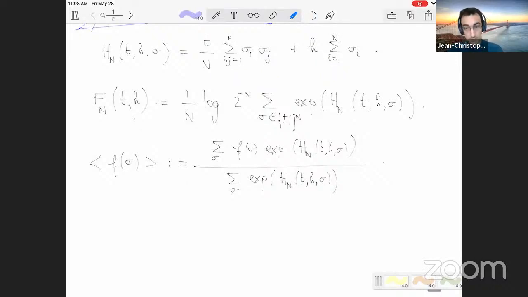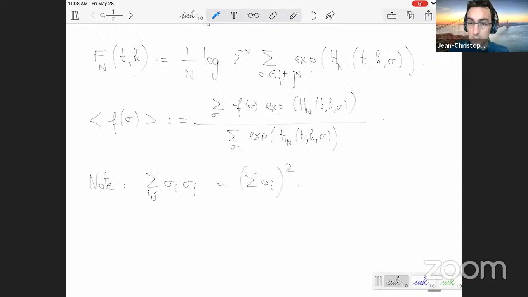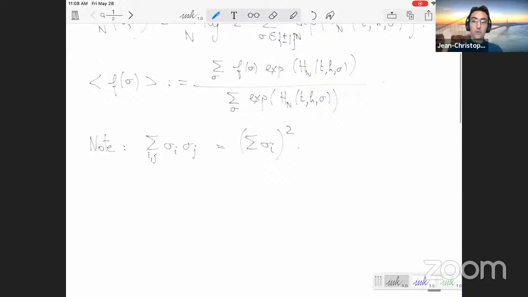This is a very elementary observation I'm making: the sum of sigma i sigma j over all i and j is the same as the sum of sigma i, squared. Okay, so I'm saying nothing fancier than this. And as a consequence, it will be relatively straightforward to identify the limit for the energy of this model, as I'm going to explain in a second.